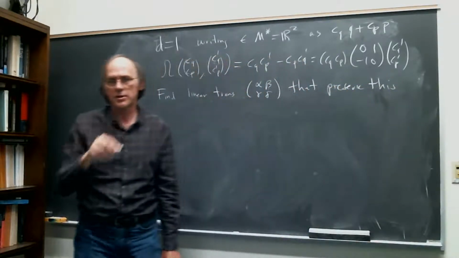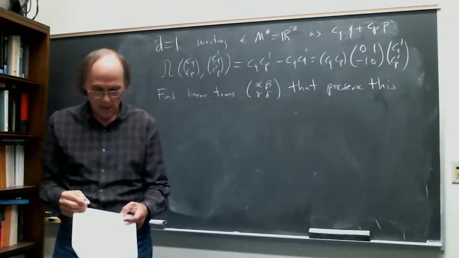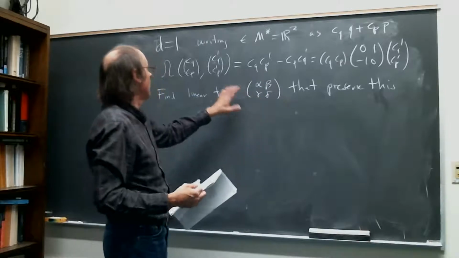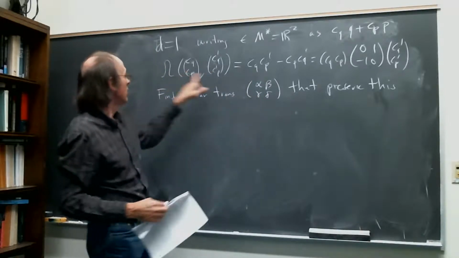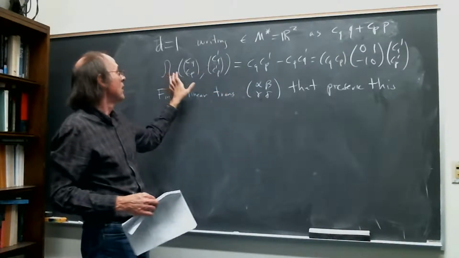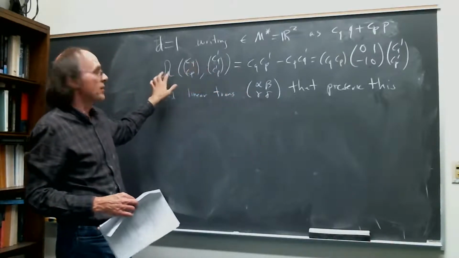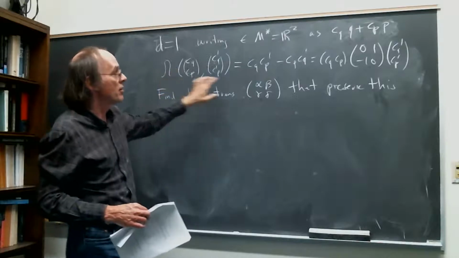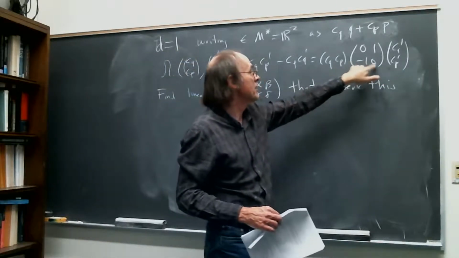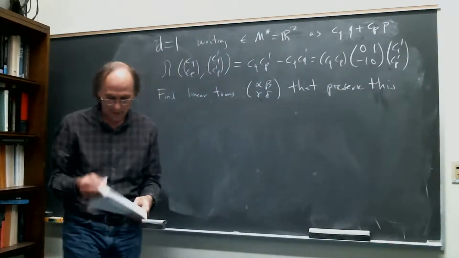This calculation is done in the book. You can figure out, if you multiply this by this and this by this, what's the condition that you don't change this. It's a condition that depends upon this matrix here.